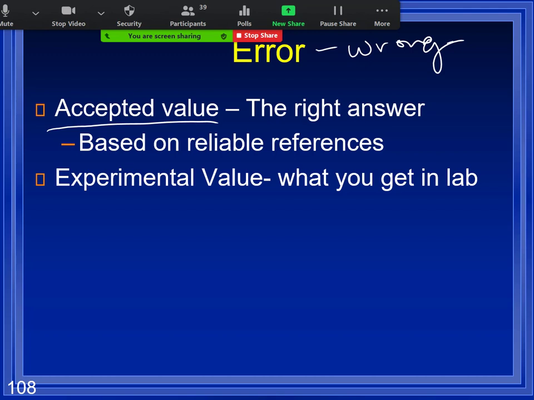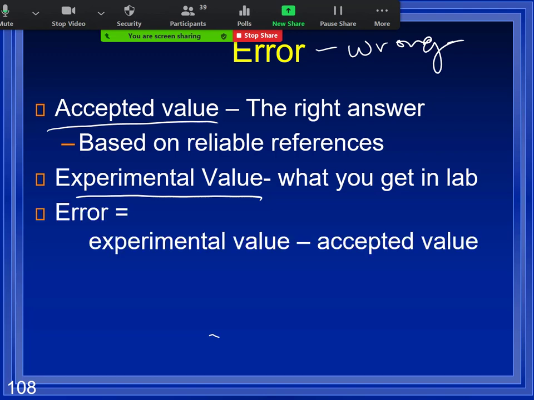So you looked up something, and you measured something. How are you going to figure out how wrong you were? Subtract. Just subtract those two. So I take my experimental value and subtract my accepted value.